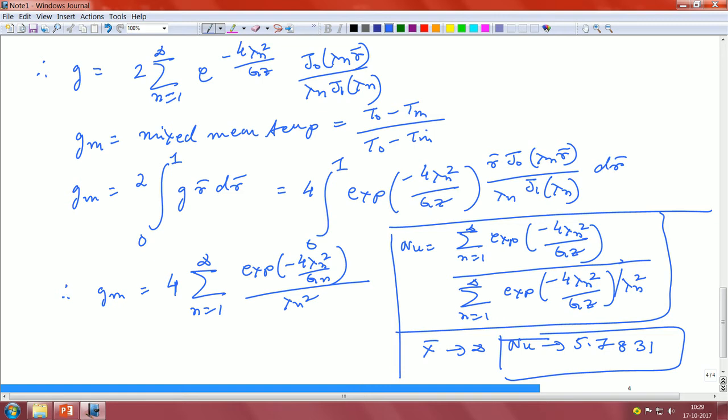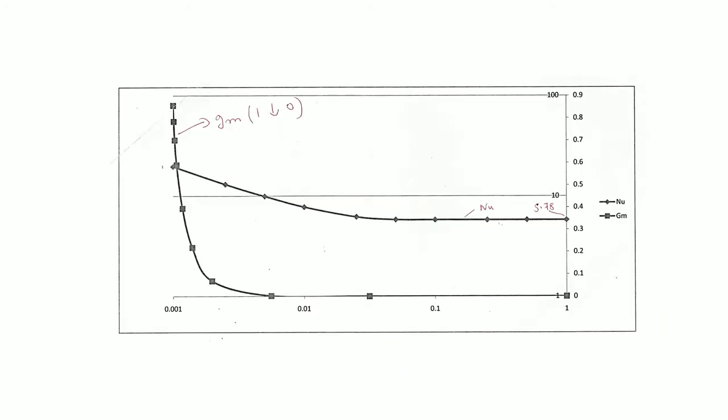So, this is the key value, and of course, we have in the PPT, we can show that this is how the entire thing actually works. As you can see, this is the mixed mean temperature, and this is the corresponding value of Nusselt number. Once again, it starts off pretty high at around x bar equal to 0.1.